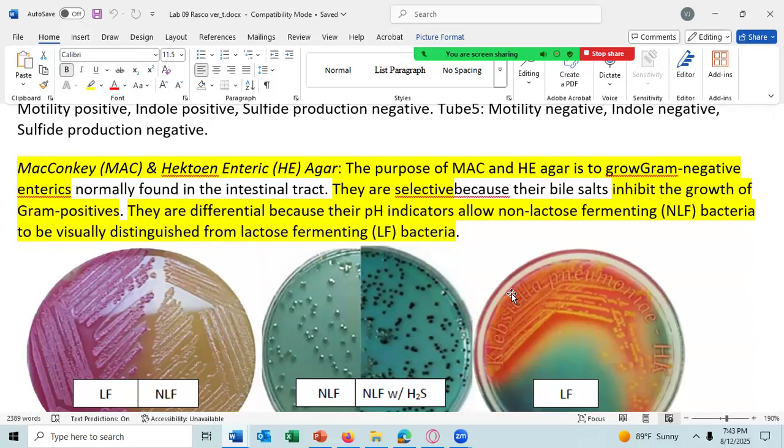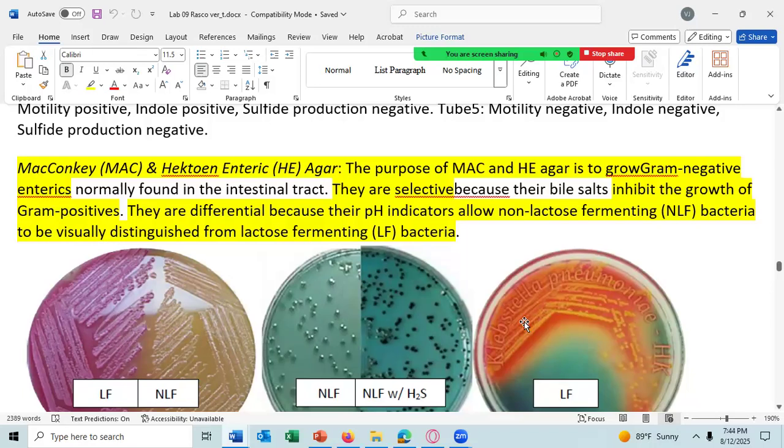These plates are selective because they have bile salts in them, which is something that's found in the intestine. And the MacConkey's is also selective in that it has crystal violet in the media. And that's why it changes color to a purplish color.